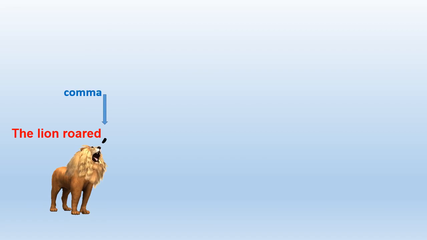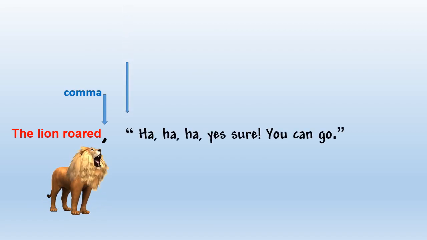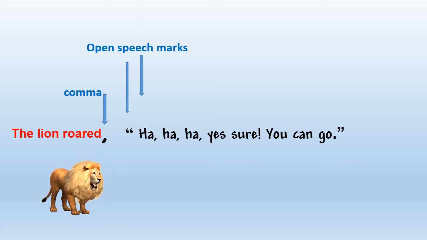The lion roared, comma, open speech marks. "Ha ha ha, yes, sure, you can go." And then we remember that once we open speech marks, we must begin with a capital letter.